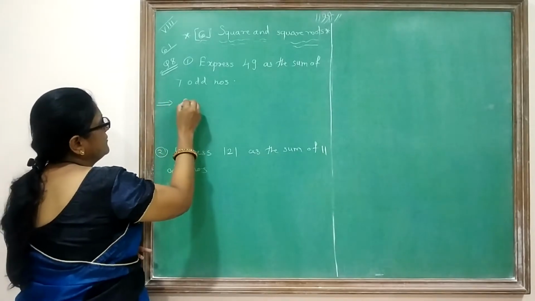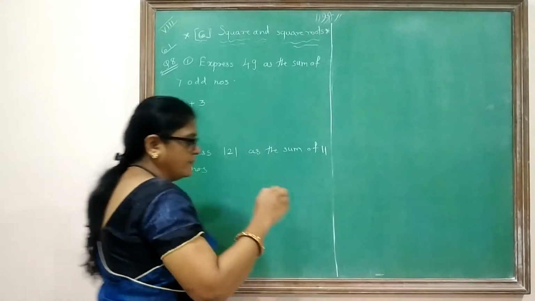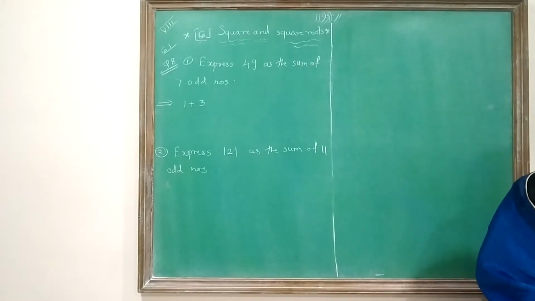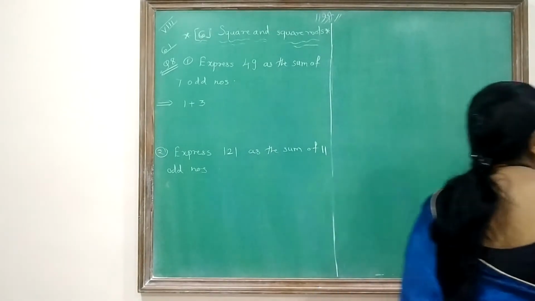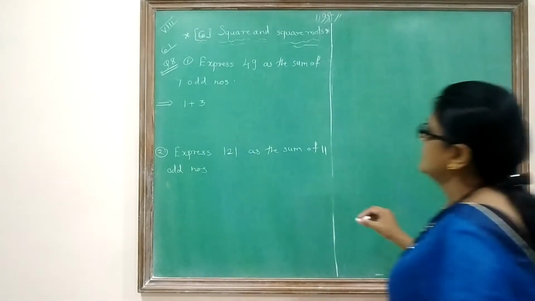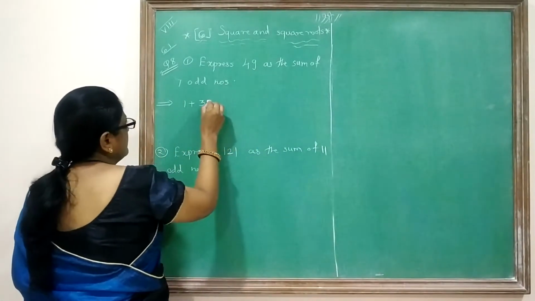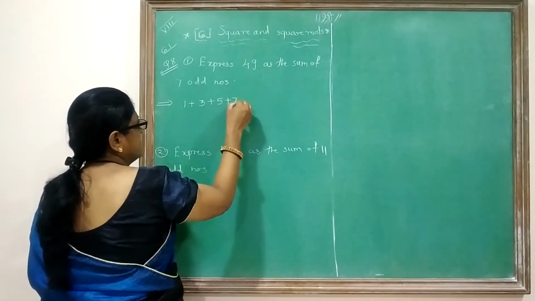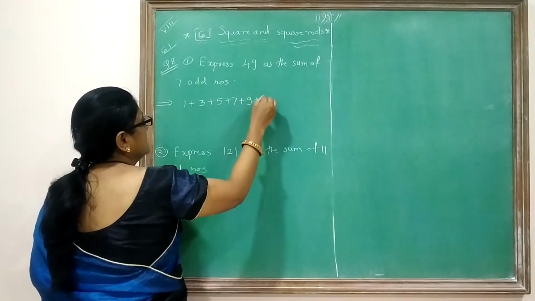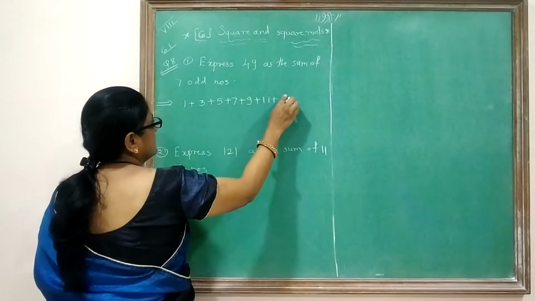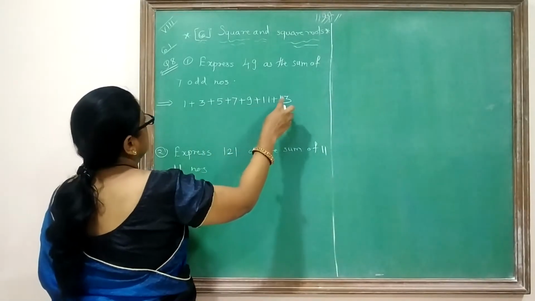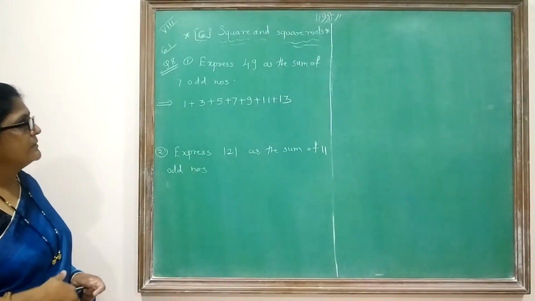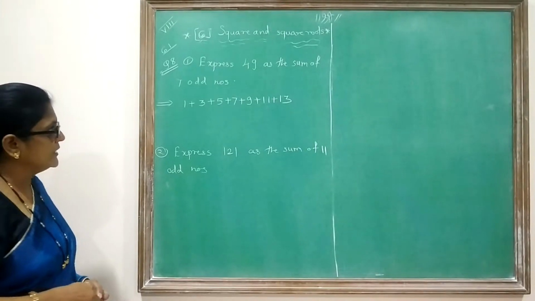Which are they? 1 plus 3 plus 5 plus 7 plus 9 plus 11 plus 13. That is 1, 2, 3, 4, 5, 6, 7. Then these 7 odd numbers you will add, then you will get 49.